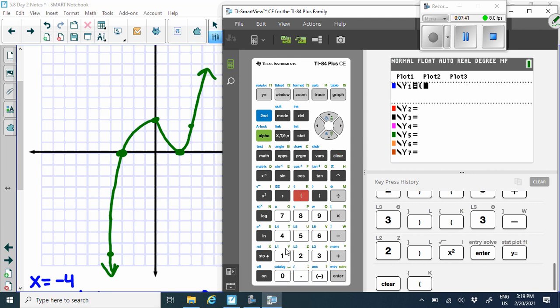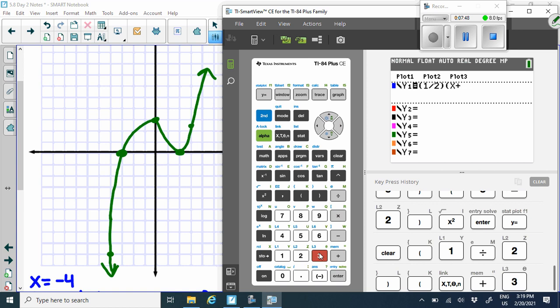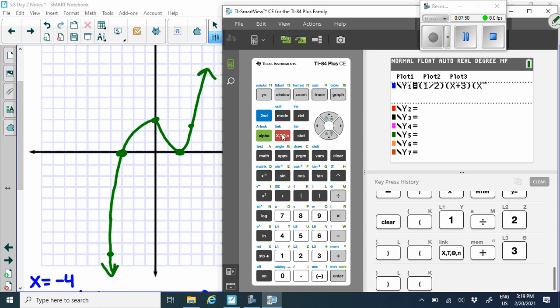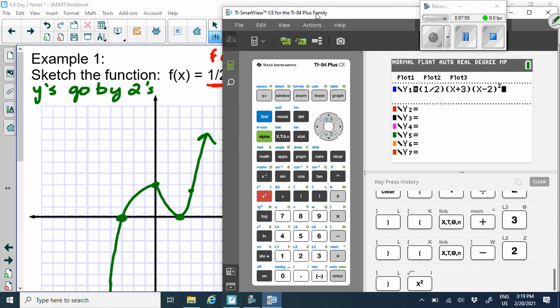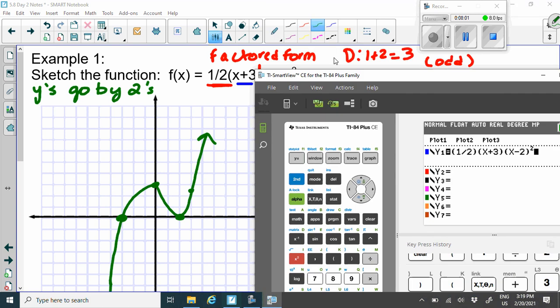So I'm going to do 1 divided by 2, and then parentheses. Now I have x plus 3, and then x minus 2 squared. This is the function that we have right here. I'm just plugging it back in to the graphing calculator, okay? So that's all I'm doing.